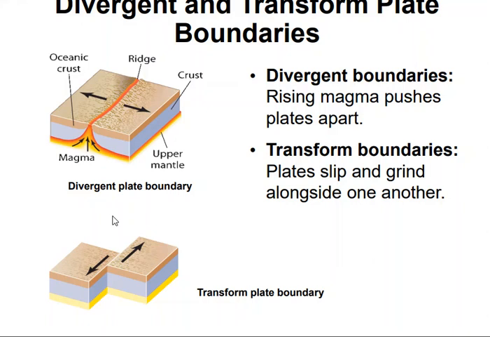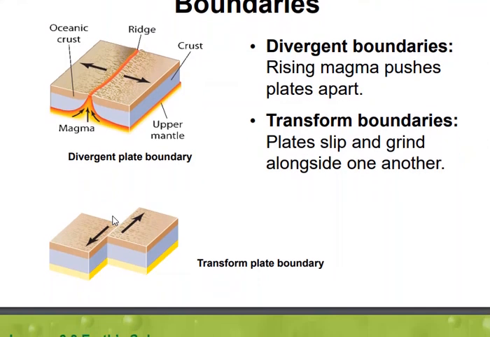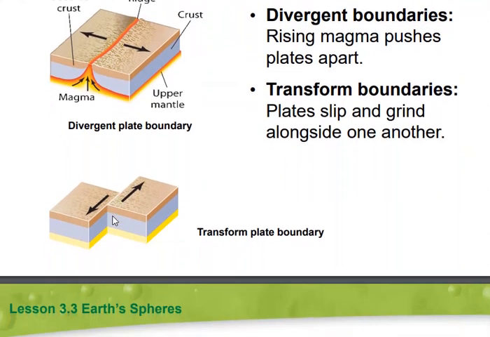The Pacific Plate and North American Plate, for example, rub against each other along California's San Andreas Fault. And that's the origin of many of North America's most severe earthquakes, because again, that is a major fault in California. So those are transform plate boundaries.